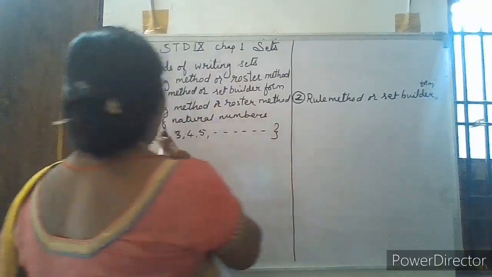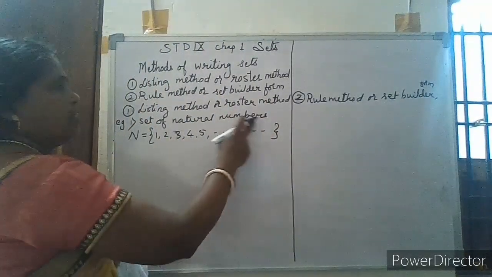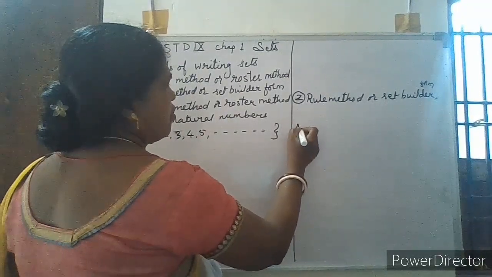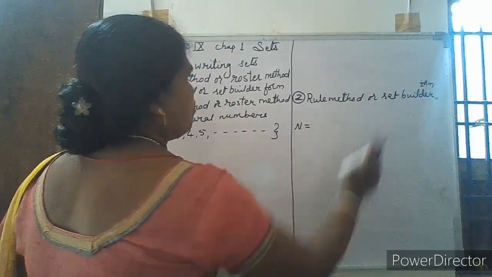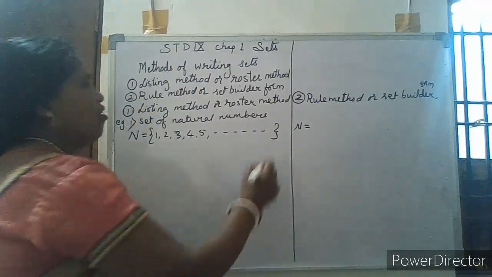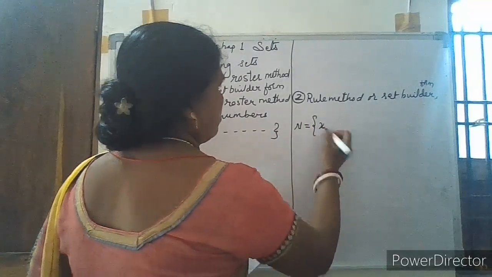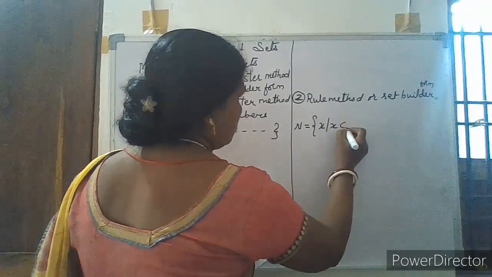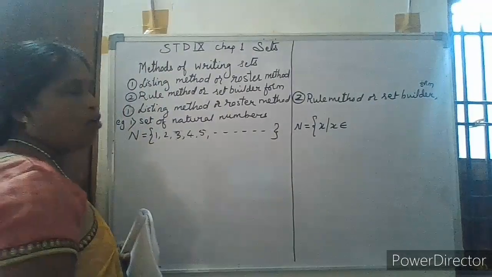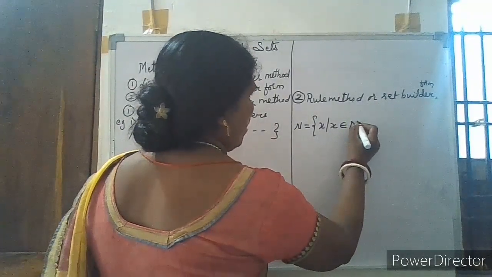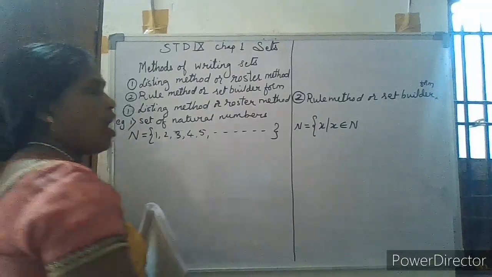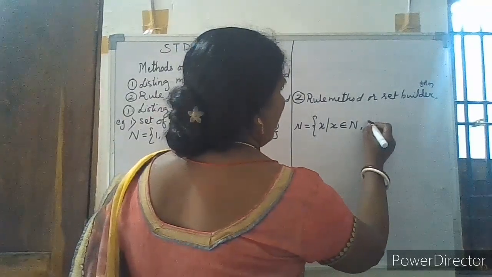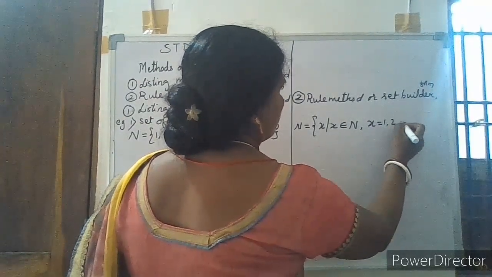Now, here the example is already written. I shall not write the example. So here, when we write it in the set builder form or the rule method, we indicate it this way. X is an element such that X belongs to, this is the belongs to symbol, X belongs to N, natural numbers, and, we give a comma here, this indicates 'and', X is equal to 1, 2 and so on.